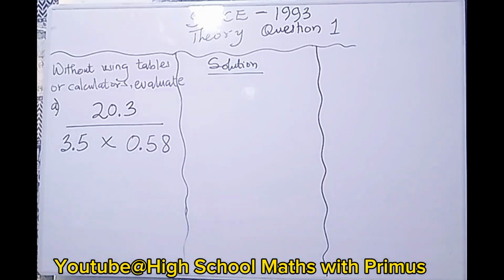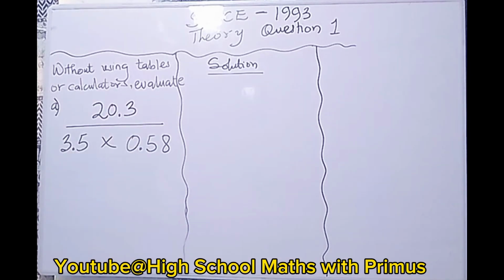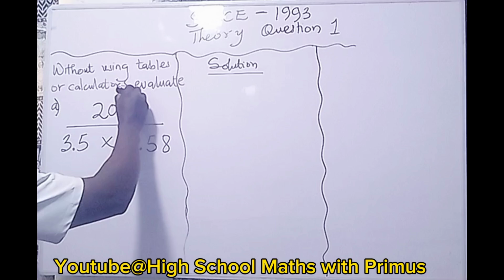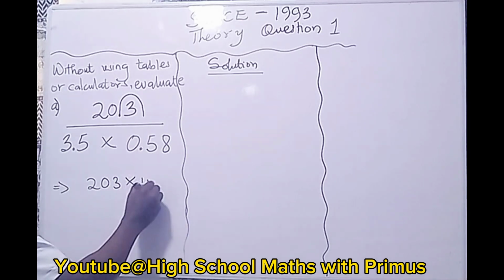In this case, we can use the idea of standard form. If you want 20.3 to be a whole number, it means that you want the decimal point to come at the last point here. How do we do that? We move the decimal point. And when we move the decimal point, the number now becomes 203 times 10.